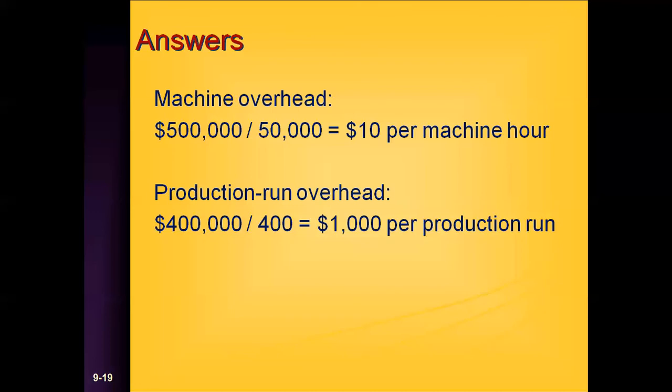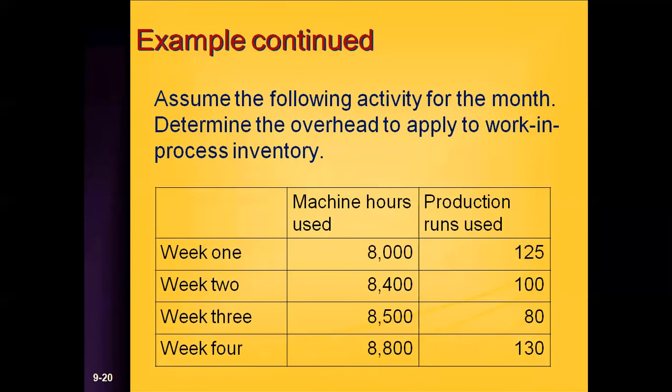They had approximately 400 production runs, where they've started the production line and ran a bunch of raw materials through it to make some finished goods products, and therefore the overhead rate or cost driver is approximately $1,000 per production run.